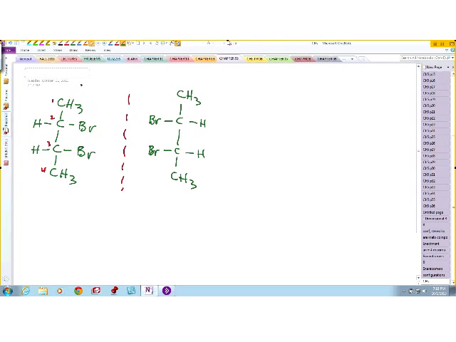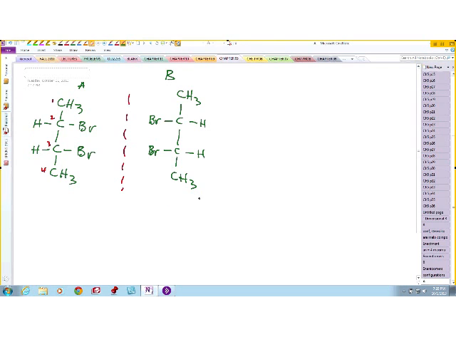Let's call this molecule A and this molecule B. Can we superimpose those 2 molecules? Yes, you can. If you slide it on top, and the only requirement is that it has to stay on the paper, you move it 180 degrees.